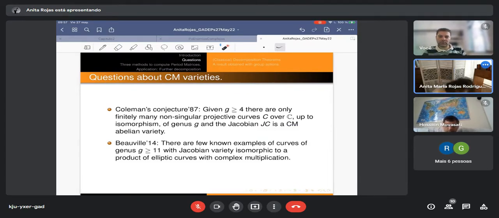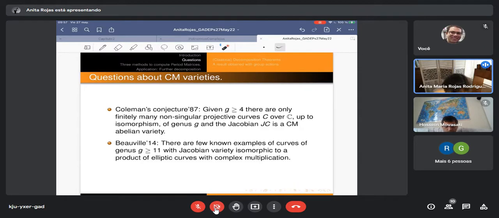Remember that that means that it splits into simple factors, and each factor has complex multiplication, so it has an interesting property in its endomorphism algebra. It is still unknown if there are finitely many. It is known that it is false for genus at least 7, but it is unknown if there are infinitely many of such Jacobian varieties in higher genus.